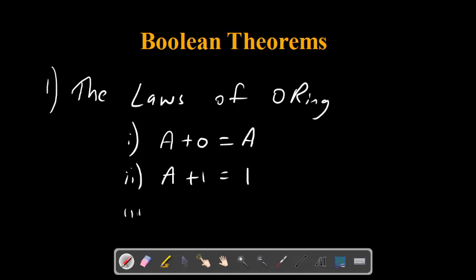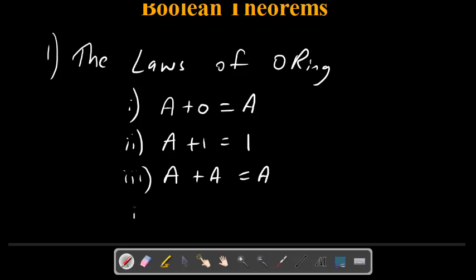Then A or A is equivalent to A. And the fourth one, A or A bar is always equal to 1. So these are the laws of ORing.